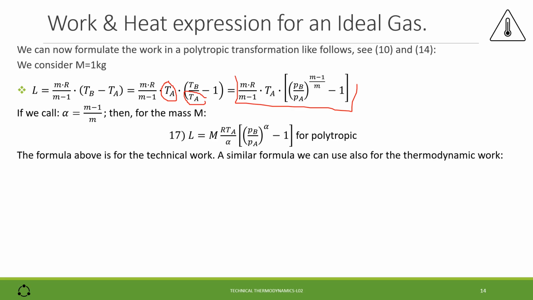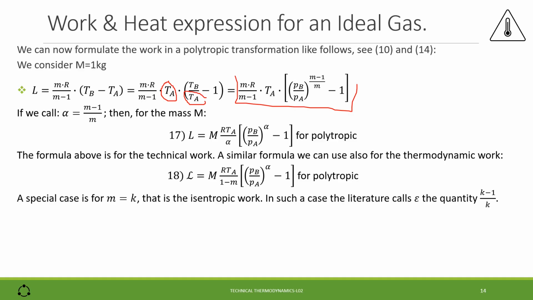This is for the technical work, but a similar formula we can also use for the thermodynamic work. That is the formula 18. A special case is for m equals k, that is the isentropic work. And here we can replace the quantity (k minus 1) over k with the constant epsilon, and we express the technical work as displayed, where practically epsilon is put in place of alpha.